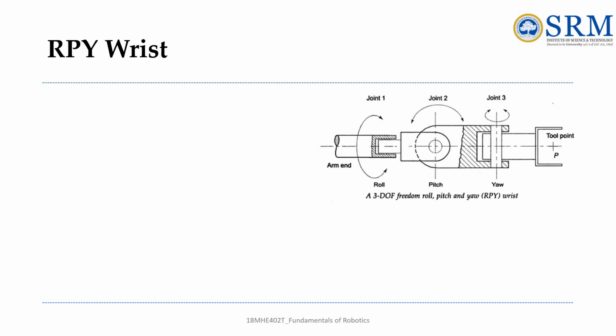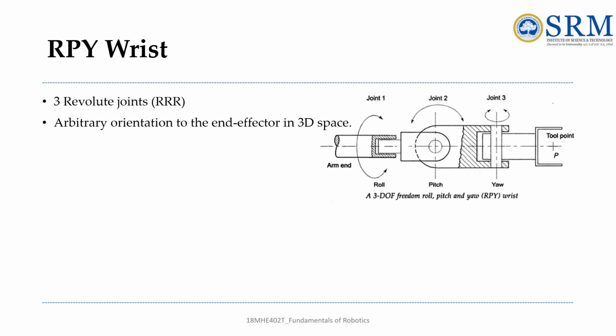To compute the forward kinematics using the DH parameters for RPY wrist, first we need to define the DH parameters for each of the three rotational joints. So you know you have roll, pitch and yaw here. Okay, so how will you represent the DH parameters for RPY wrist and calculate the forward kinematics?